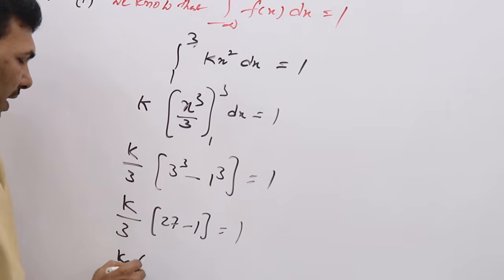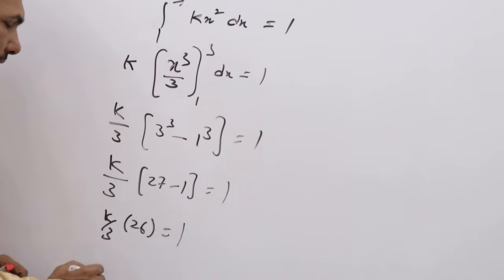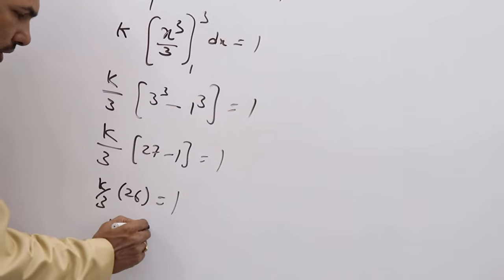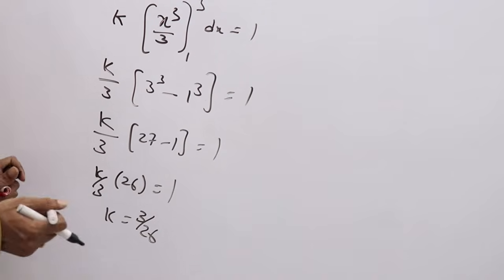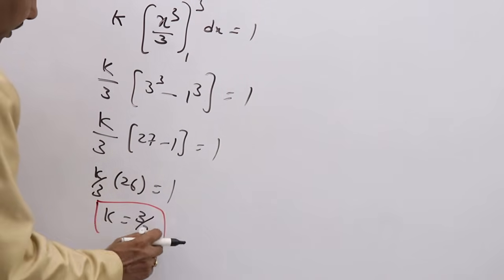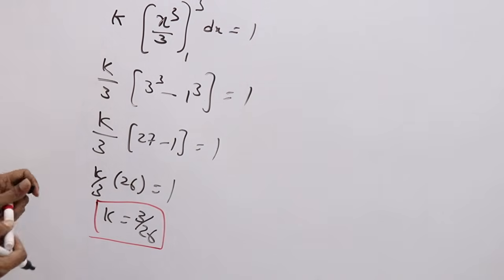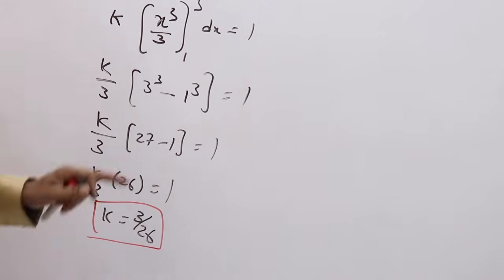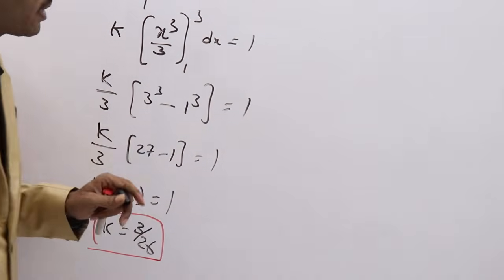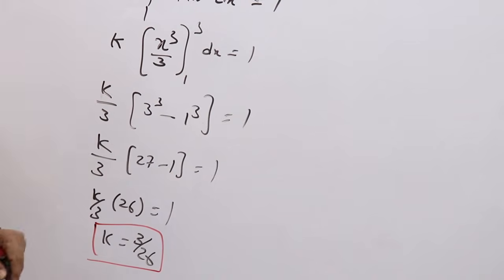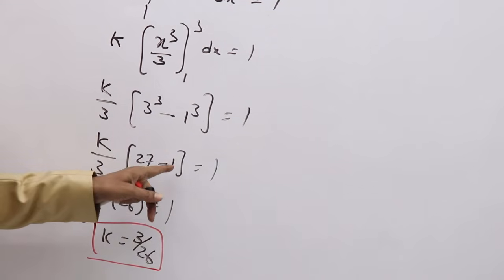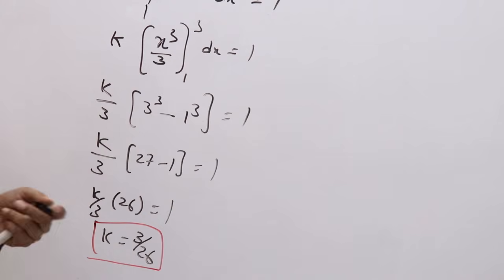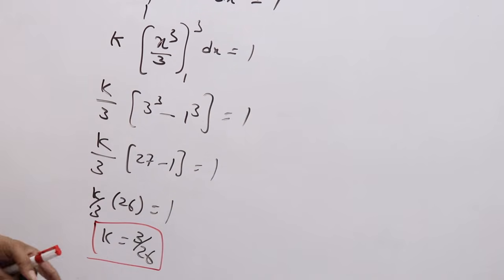So k by 3 into 26 is 1, k equal to 3 by 26, the k value. In the given interval, kx square dx, k constant, integral x square is x cube by 3. If you write in the place of x 3, 3 cube minus 1 cube, 3 cube is 27, 1 cube is 1, 27 minus 1. Okay, 3 by 26 is the k value.